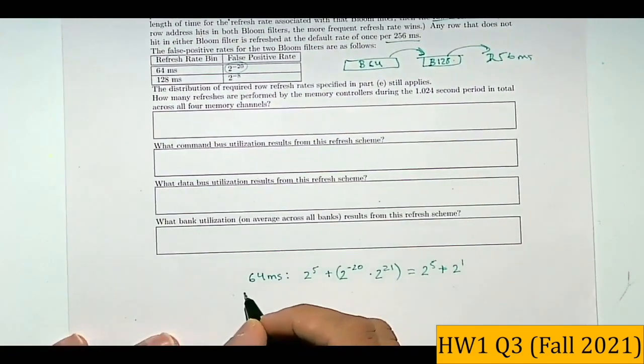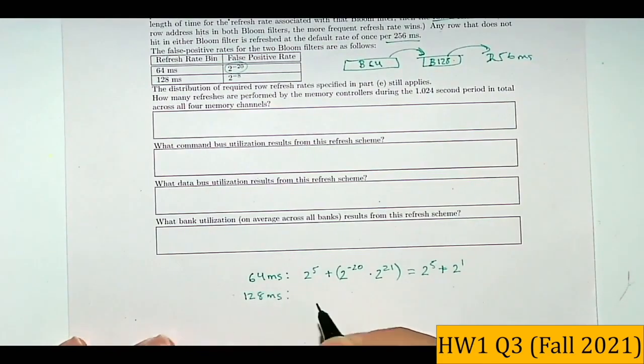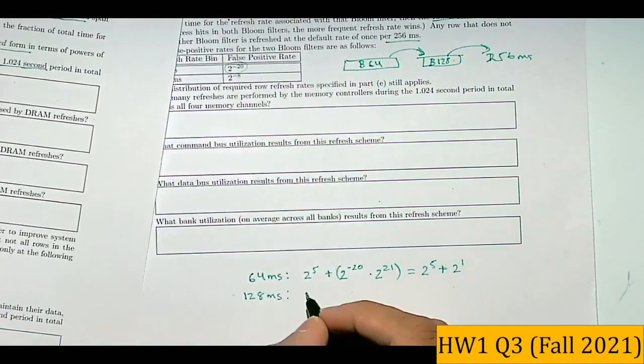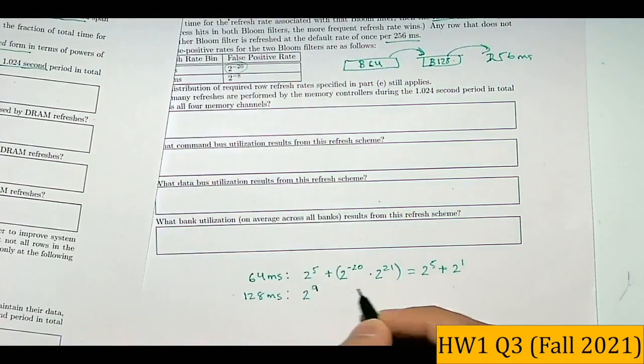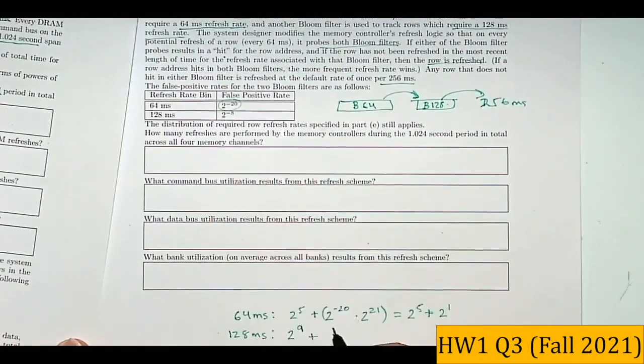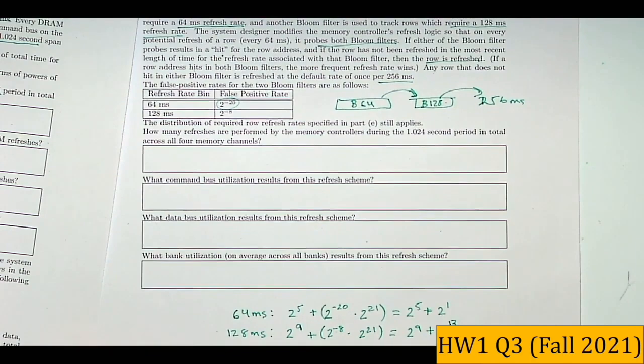Now we consider the 128 millisecond bin. In the 128 millisecond bin, we have 2 to the 9 rows that fall into this bin. And then we have a different false positive rate. So we're going to have 2 to the minus 8 times 2 to the 21, which gives 2 to the 9 plus 2 to the 13 rows.